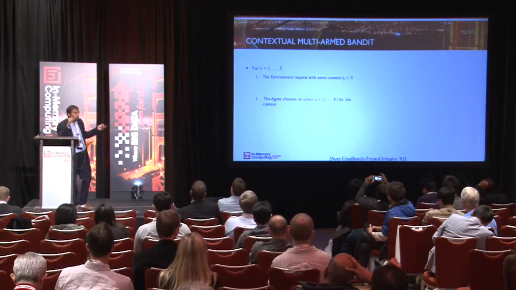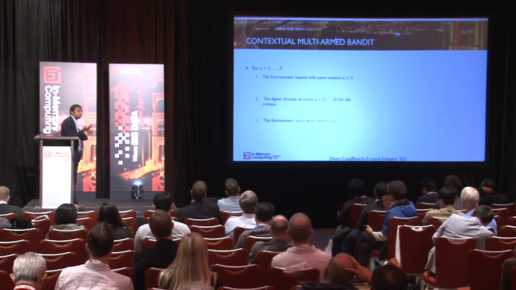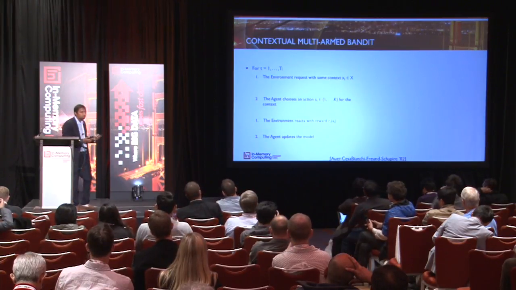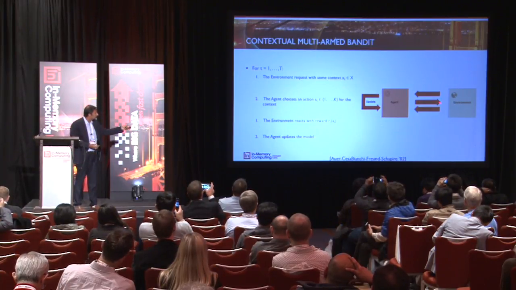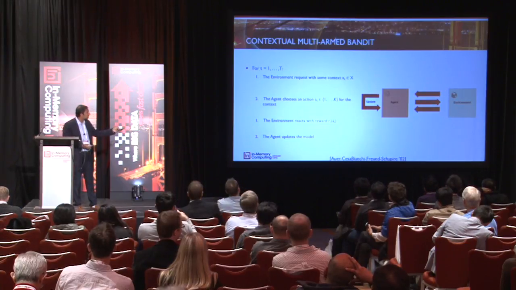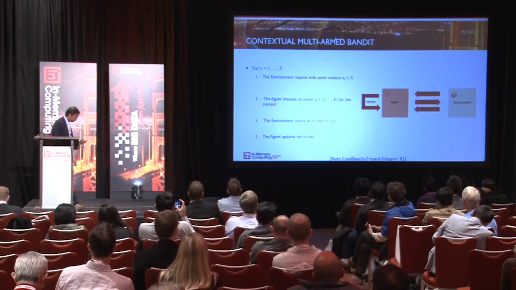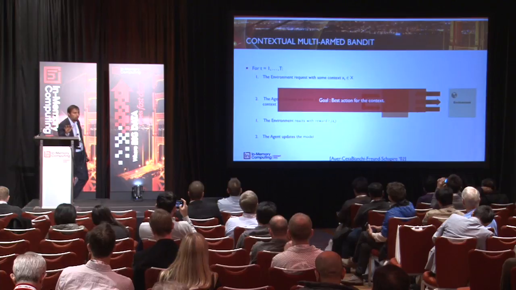Now we are not just looking at the one that gives you the maximum reward, but for that particular context. And the environment reacts with the reward, and then the agent updates the model. So there is one more arrow here, which is the request that is coming in, and with the request there is a context that is being generated here as well. So the goal is to take the best action for that particular context.